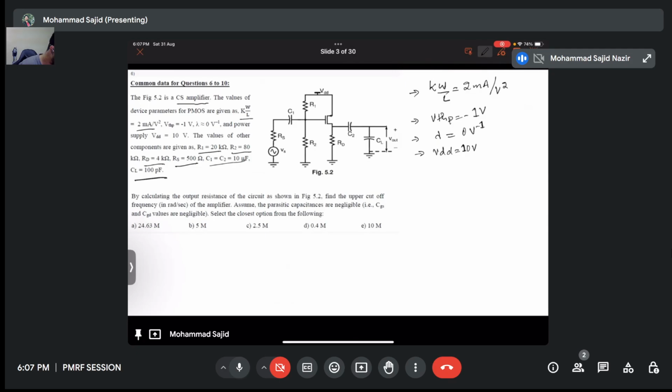Now, what we need to do is, by calculating the output resistance of the circuit, we need to find the output resistance first, then find the upper cutoff frequency of the amplifier.